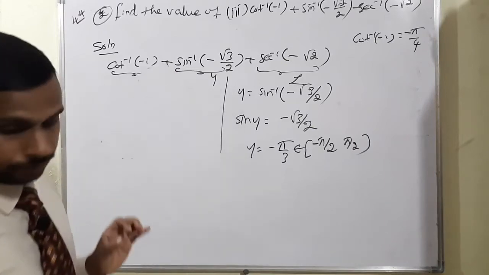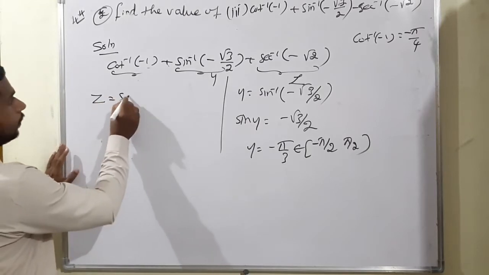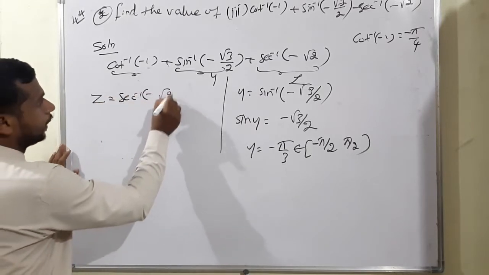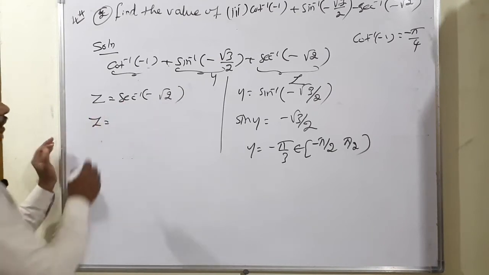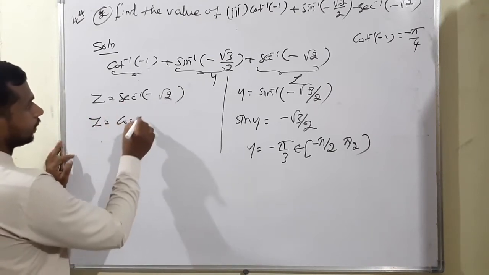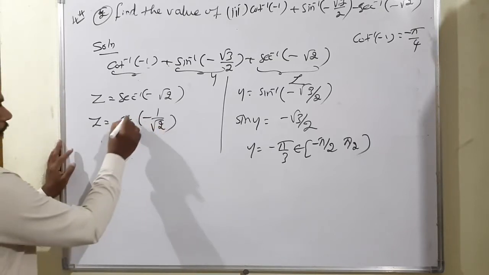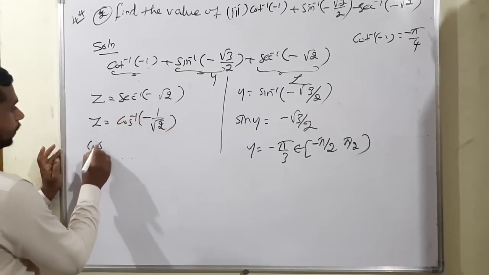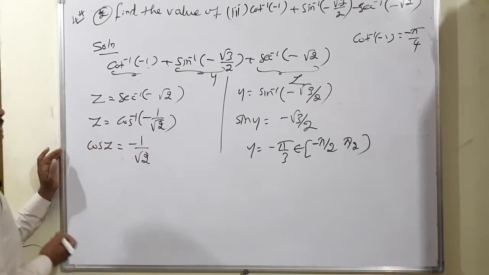The last one, z, isn't it? Z is equal to secant inverse of minus root 2. So secant inverse of minus root 2 means reciprocal of cos, so reciprocal of cos of minus 1 by root 2. Therefore, cos z is equal to negative 1 by root 2.